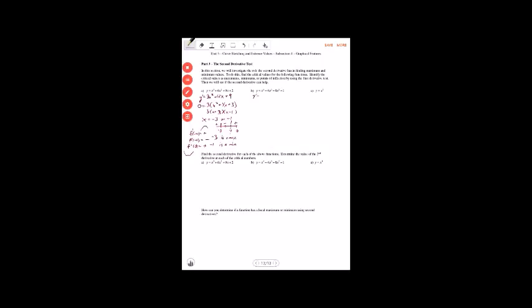All right, so looking at B. y prime equals 4x cubed minus 12x squared minus 16x. Set that equal to 0. This time we don't just have a common factor of 4, we have a common factor of 4x.